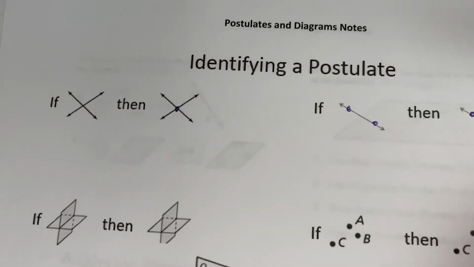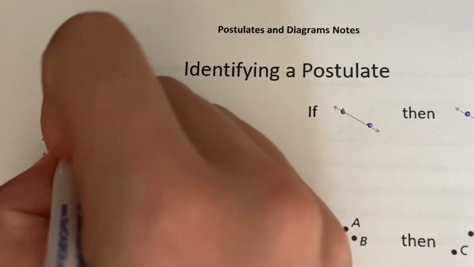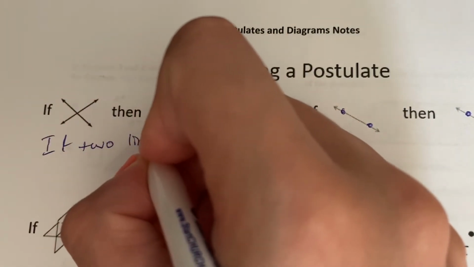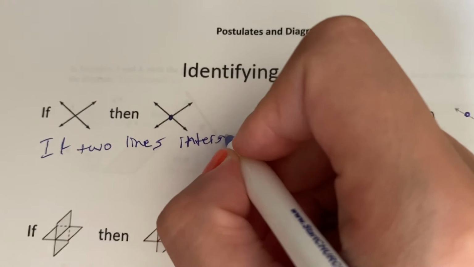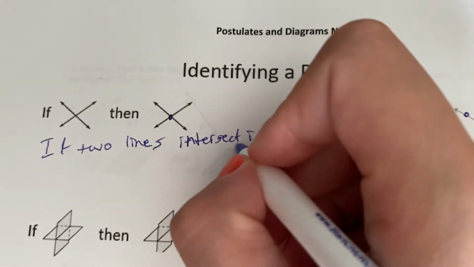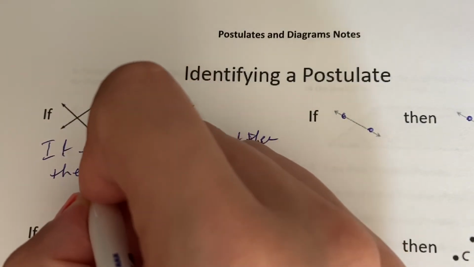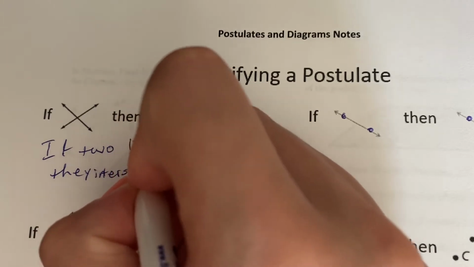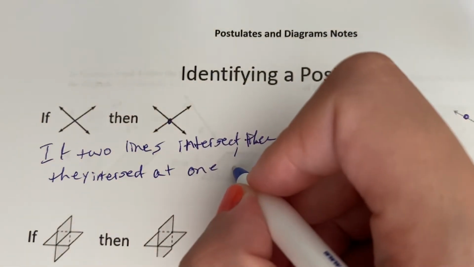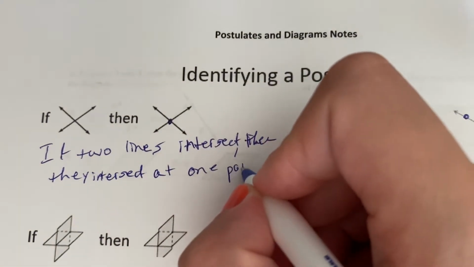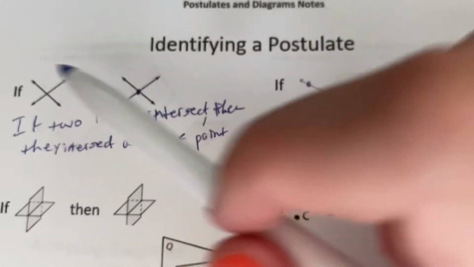Okay, so this is telling me if two lines intersect, then they intersect at one point. All right, so this is the postulate. All right, we don't have to prove that. We can just look at it and know, okay, two lines that intersect, they gotta intersect at a point.